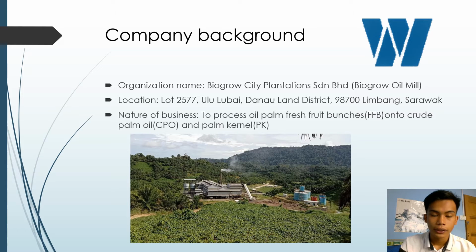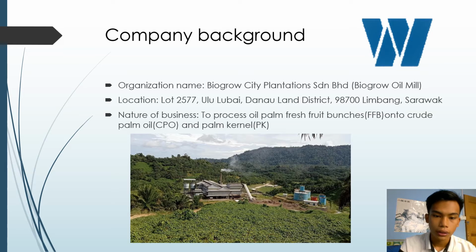The training location is at Bagro City Plantations, Sunan Berhad, Bagro Oil Mill, which is situated at Limbang, Sarawak. So the brief background of this company is it is wholly owned by subsidiaries of WTK Holding Berhad, which is an investment holding with principal activities in timber, palm oil, trading, and manufacturing.